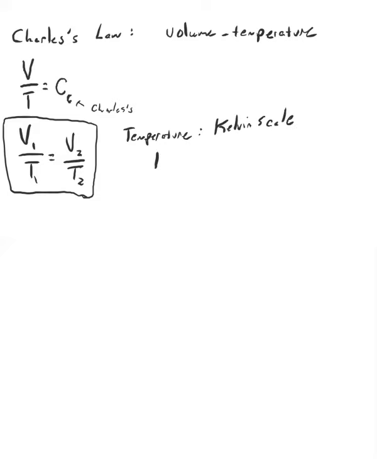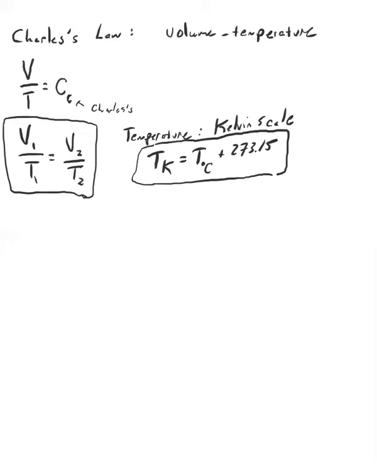The temperature in Kelvin is equal to the temperature in degrees Celsius plus 273.15. Typically, we round it to 273. It's up to you. It depends how many sig figs they give you for other things. If they give you 4 or 5 sig figs for the other numbers, use the whole thing. But if they only give you 3 sig figs, you can usually round it to 273.